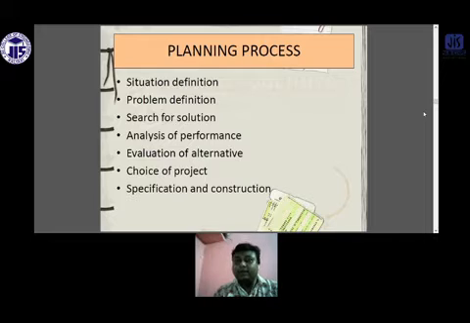Until and unless we identify the problem, we cannot predict the situation. So problem identification is one of the significant steps, because until and unless we know that I have a fever or a headache, how can I take a medicine? Taking the medicine is a different thing. Say suppose there are four medicines, which medicine I am going to take is a different issue. But the first thing is to identify the problem.